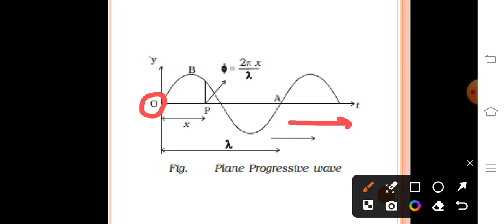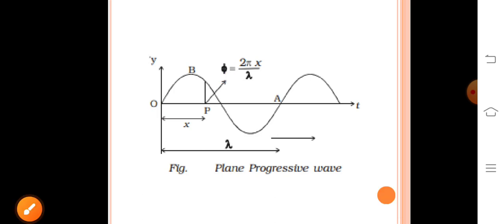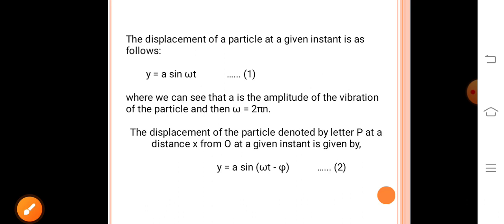Then the displacement of the particle: in this figure, phi shows the phase difference. It's 2 pi x by lambda. So the displacement of the particle at a given instant is y equals a sine omega t.